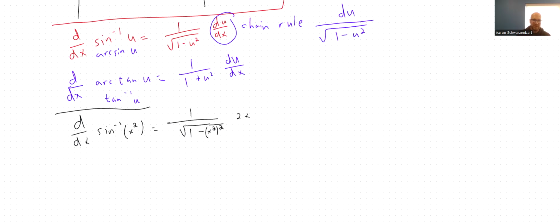I could simplify that to be 2x over the square root of 1 minus x to the fourth. There's my derivative.